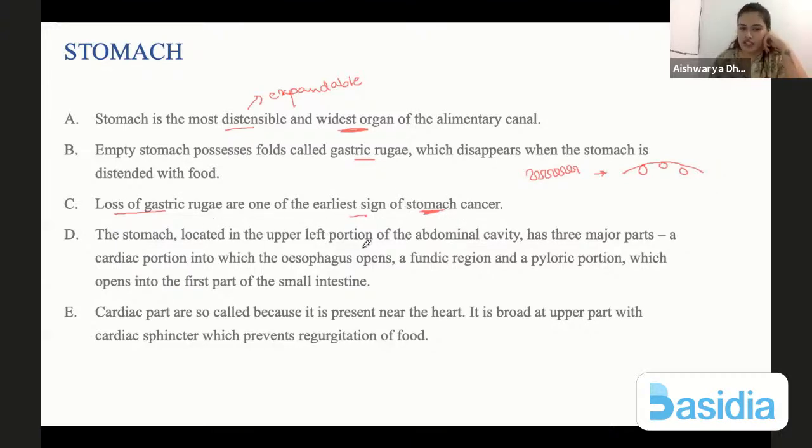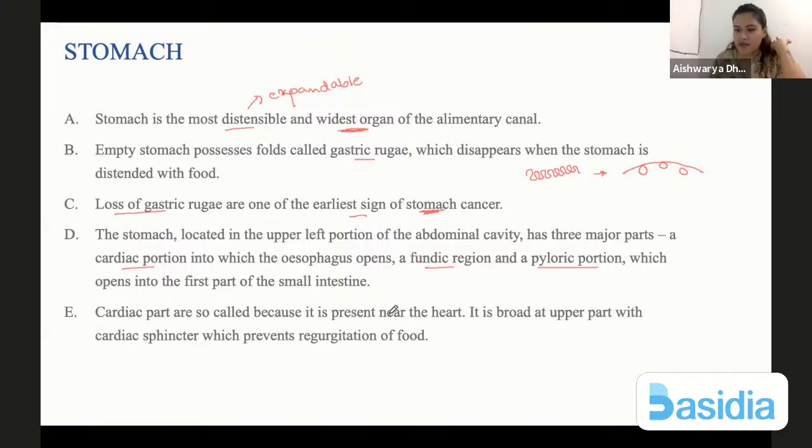Now, the stomach is located in the upper portion of the abdominal cavity, and it is divided into three major portions. First is cardiac, which opens from the esophagus. So esophagus will open into the cardiac portion. Then the middle portion is fundic, and then we have the pyloric portion, which opens into the small intestine. Okay, now the cardiac part is called this because it is closer to the heart, nothing else.